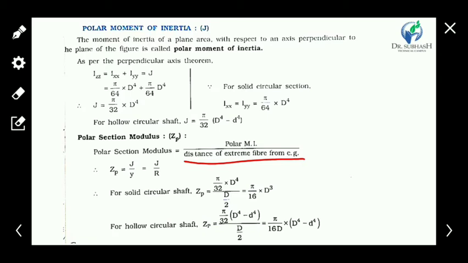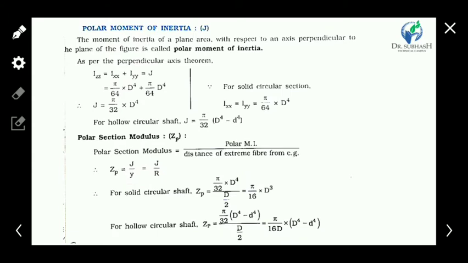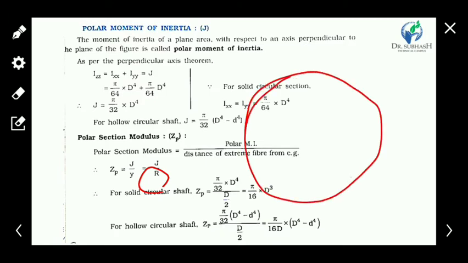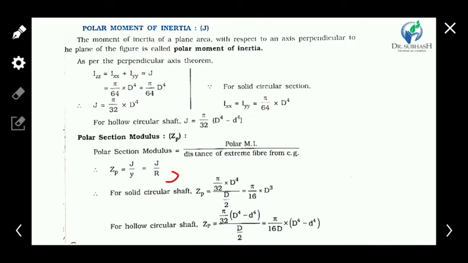This ratio is called the polar section modulus, defined by J upon y, where y is the distance of the extreme fiber from the CG. For a shaft, this is the radius, because the extreme fiber distance from the CG is the radius. So for a shaft y is R, and Zp equals J upon R is the polar section modulus for the circular section or shaft section.